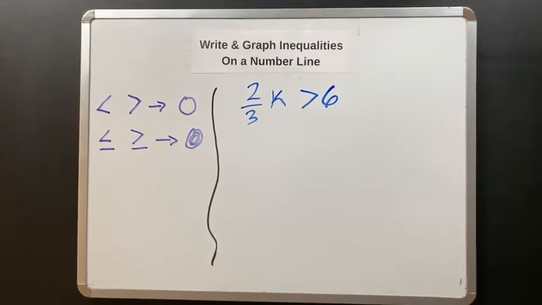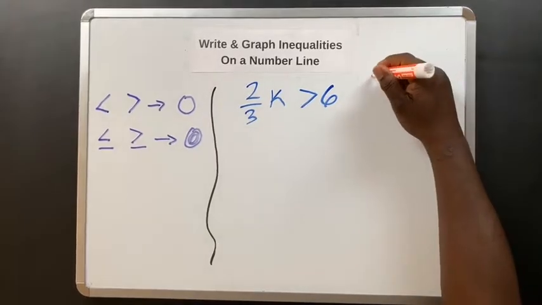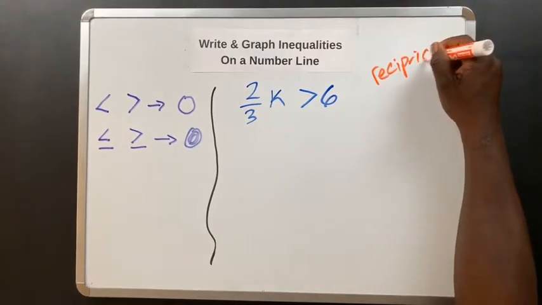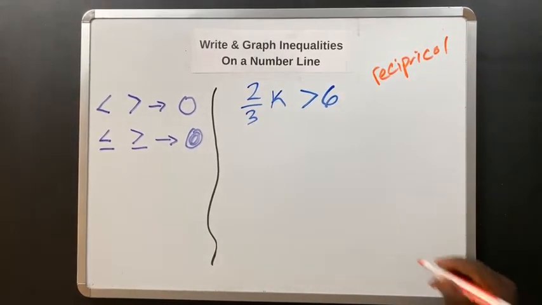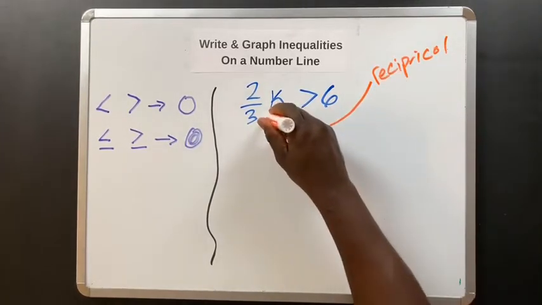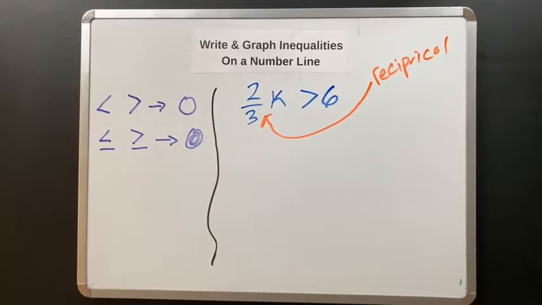So I'm going to show you a trick, and that's how to solve this inequality and get k by itself. And we're going to use something called the reciprocal. We're going to write the reciprocal of this coefficient and use that to help us solve this inequality.